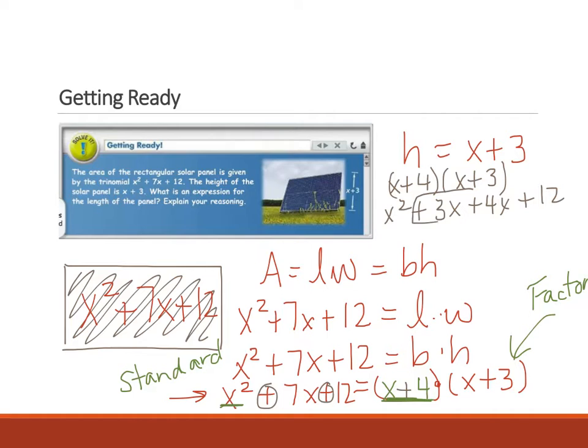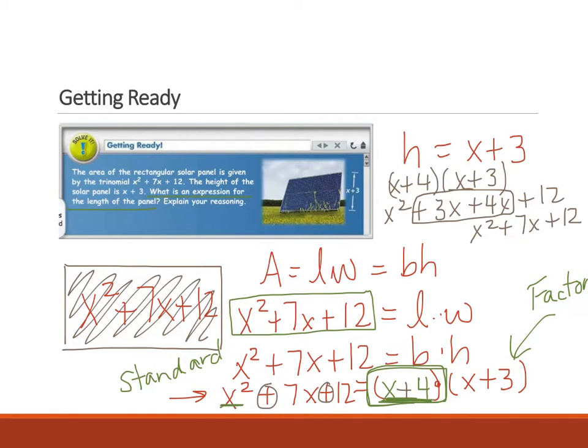And when I add my two middle terms, I get x squared plus 7x plus 12, which is indeed the original area that I have here. So did I figure out what the length was, or at least what the expression for the length of the panel is? The expression for the length of the panel would in fact be x plus 4.